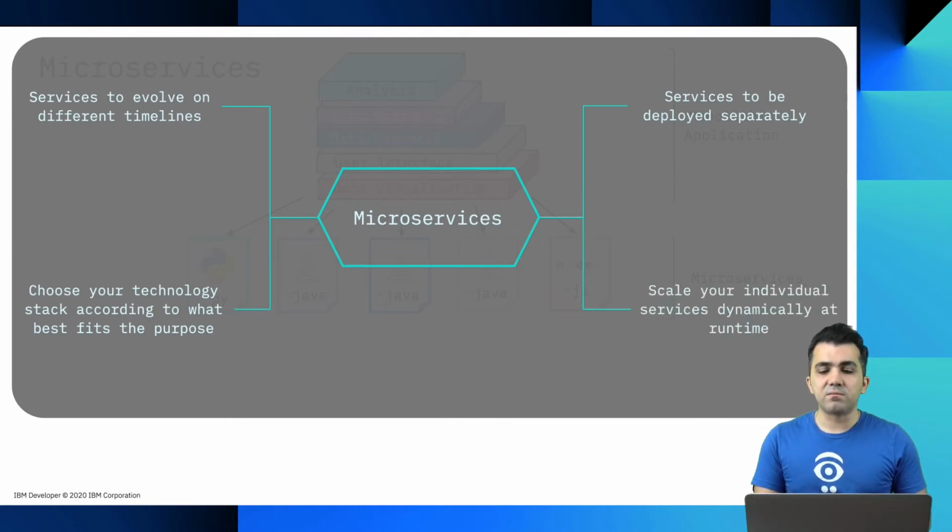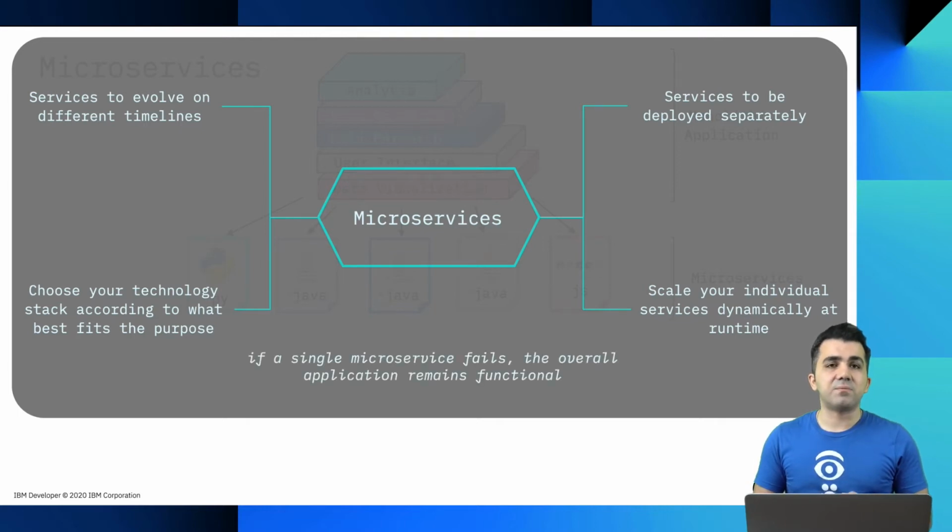And also you can scale your individual services dynamically at runtime, or let's say you can create instances of each individual service. And obviously that brings us to the most crucial feature of microservices, which is if a single service fails, our application is still going to be up and running, and it wouldn't necessarily become unavailable and unresponsive to customers.